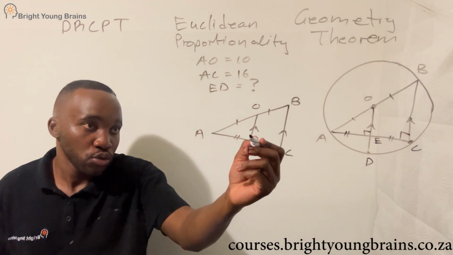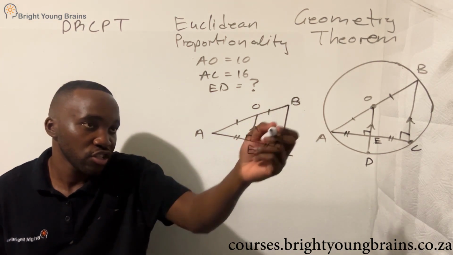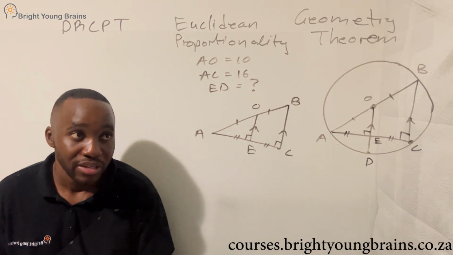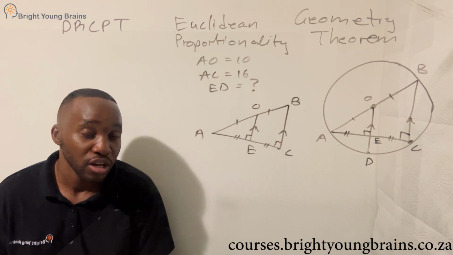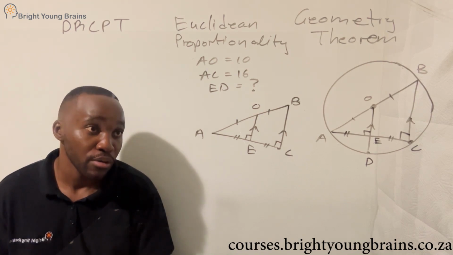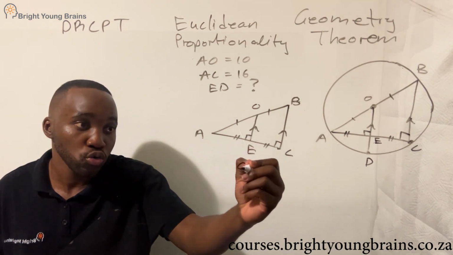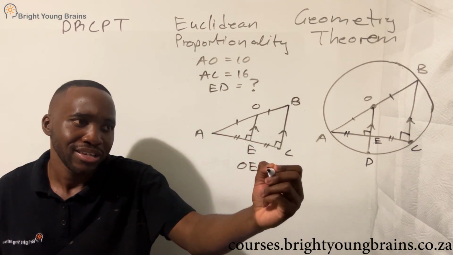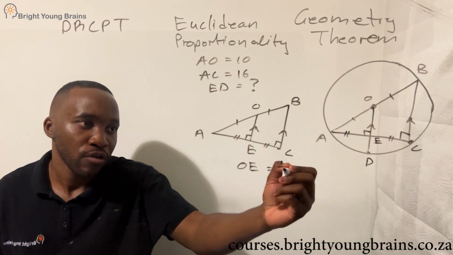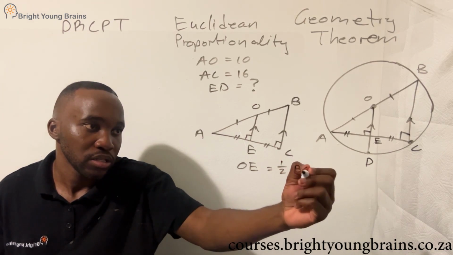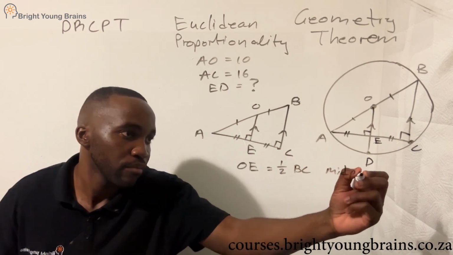So this tiny portion of our sketch, just the triangle part, is giving us information about the midpoint theorem. The midpoint theorem is telling us that OE is equal to half of whatever BC is. That's because of the midpoint theorem.